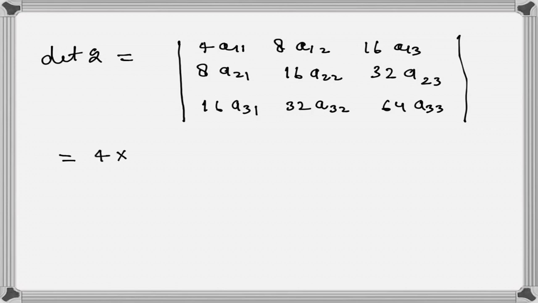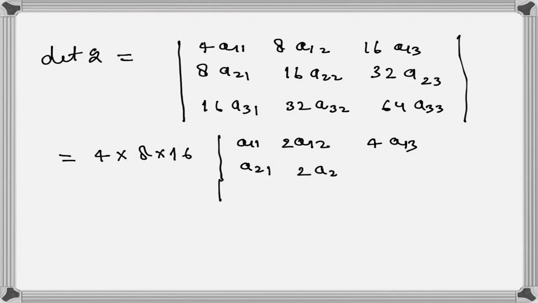4 into 8 into 16, then we have a11, a12, 2 times a12, and 4 times a13, a21, 2 times a22, 4 times a23, then a31, 2 times a32, and 4 times a33.